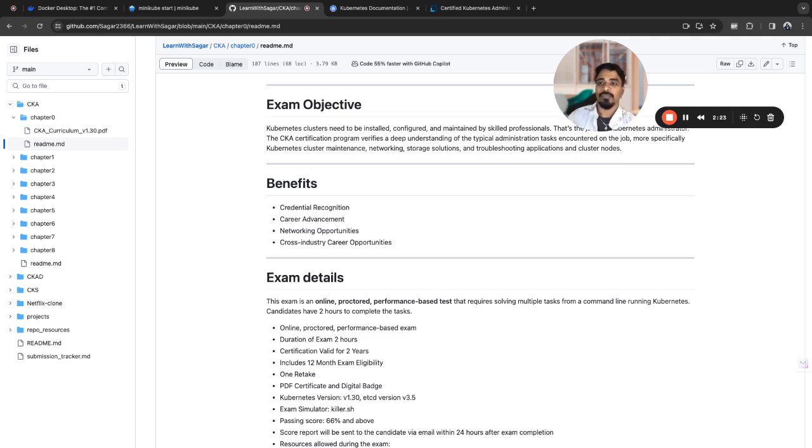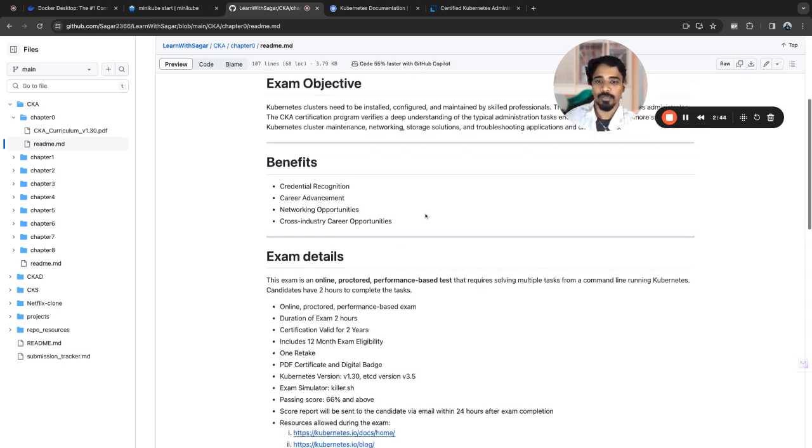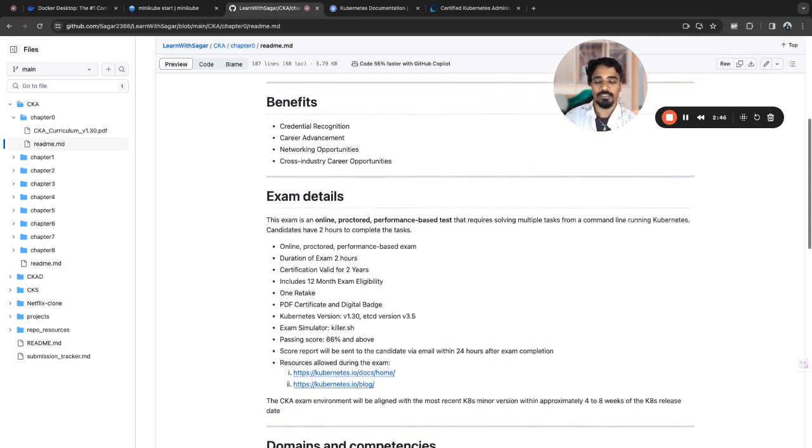Which means you will see in different JDs for DevOps or SRE engineer roles that they mention that you need to have the CKA exam cleared. So sometimes you get a preference over other candidates when you have the CKA certification. Okay, so let's talk about the exam details.